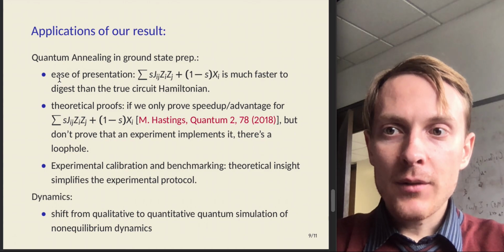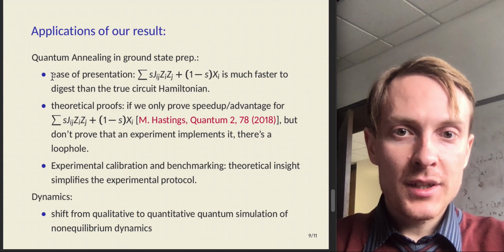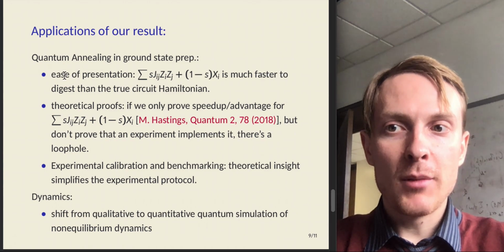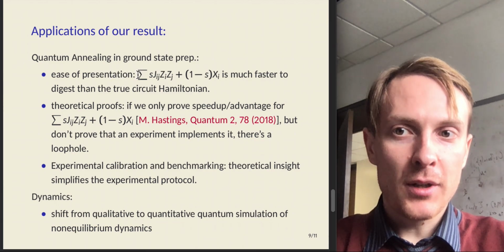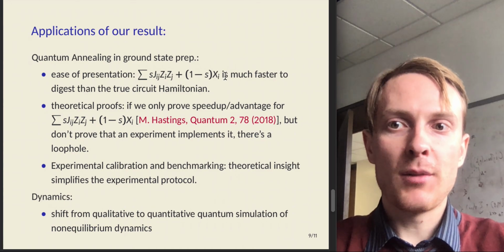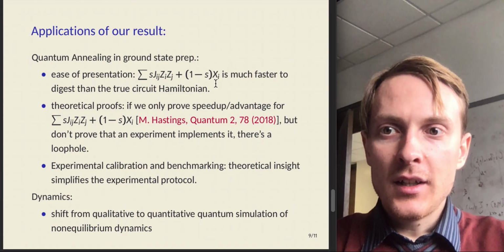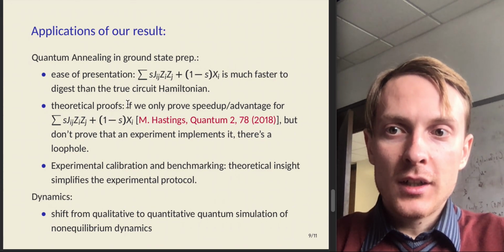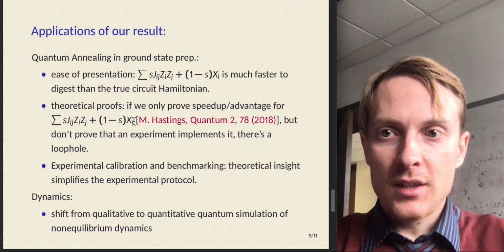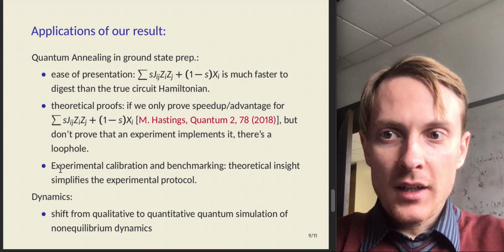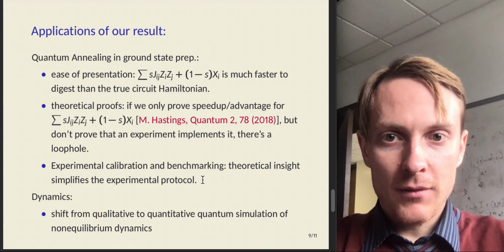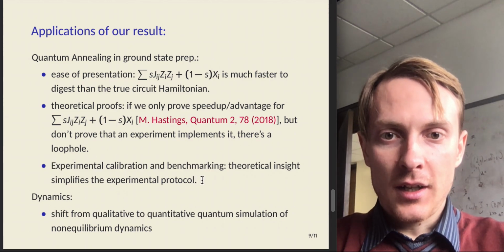However, if we do have our result that describes how the Hamiltonian got there, it's much easier to present the ground state preparation algorithm, which is usually some kind of adiabatic algorithm like this. It is also more compatible with existing theoretical proofs that are for Hamiltonians like this. And finally, experimentalists will have an easier time to calibrate their device.